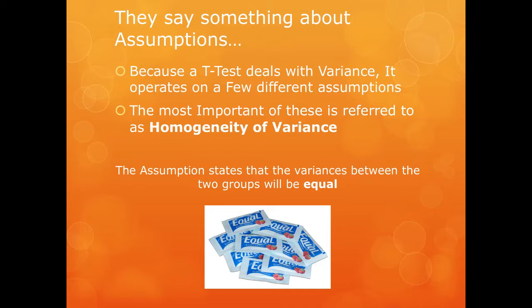If it's not, SPSS actually will tell you that the homogeneity of variance is being violated. And then there are other measures that you can take to correct for that, or you're going to have to start over pretty much. But for this course, you don't have to worry about it. I just want you to know what the homogeneity of variance is.